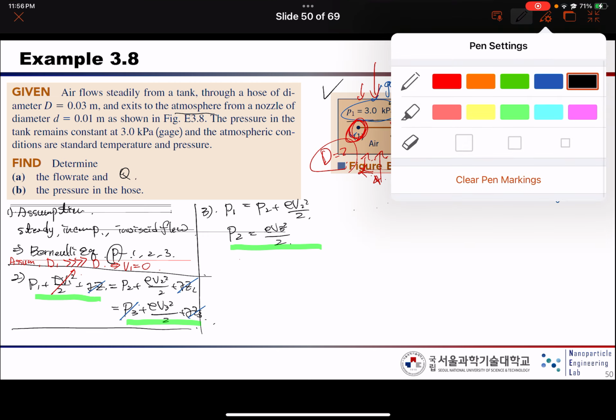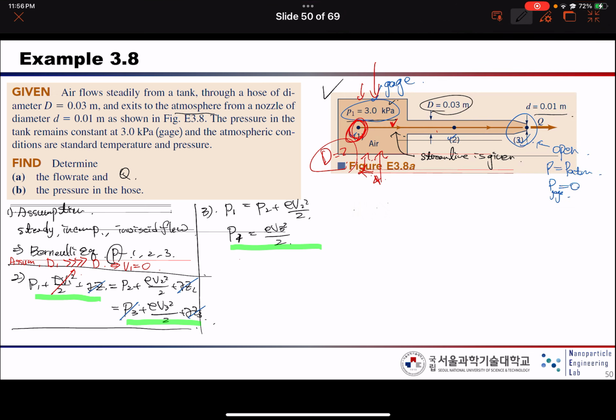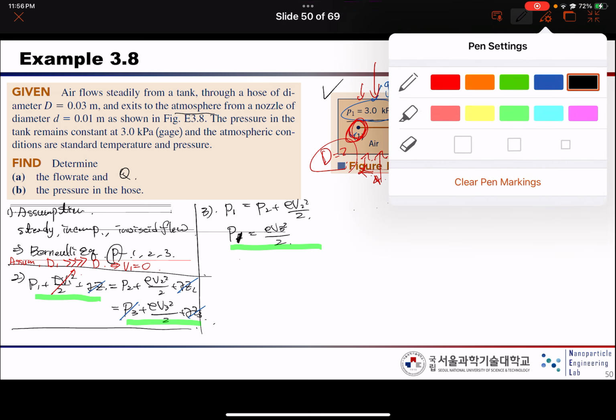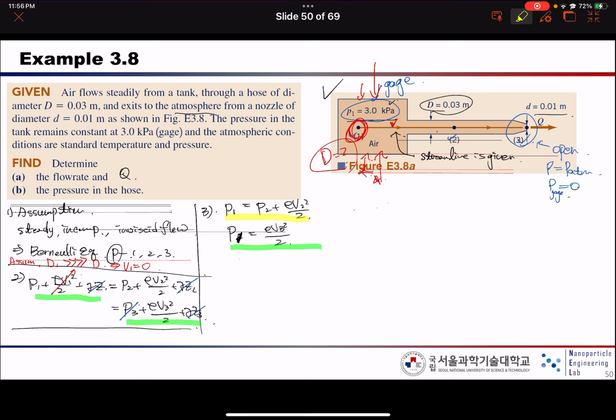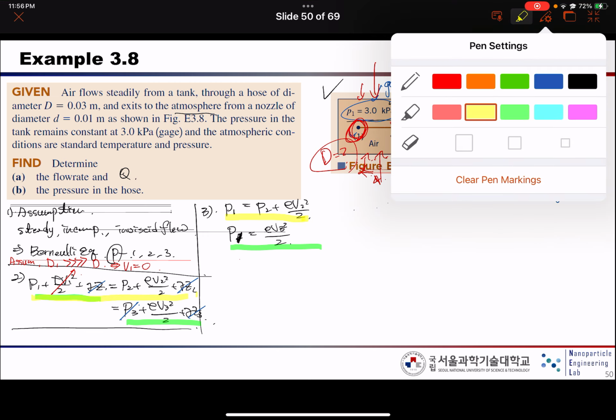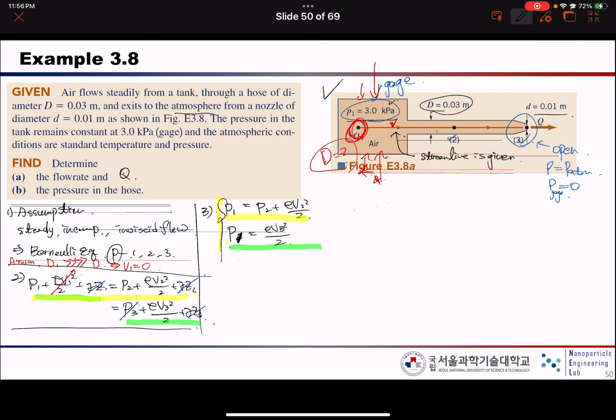Oh, sorry, this one should be P1. So this one represents this line. Okay, so we got these two equations.